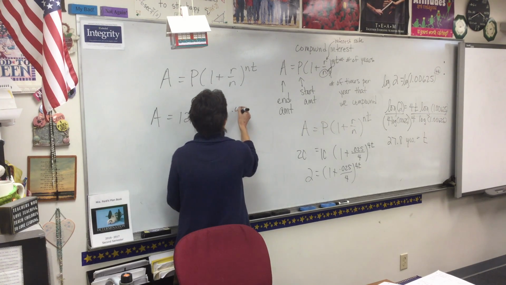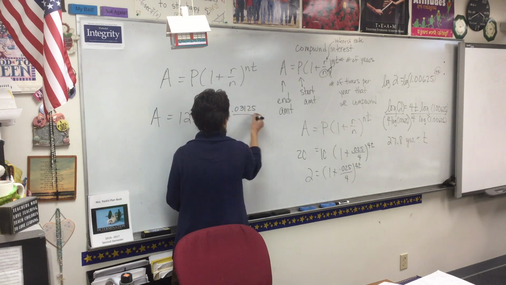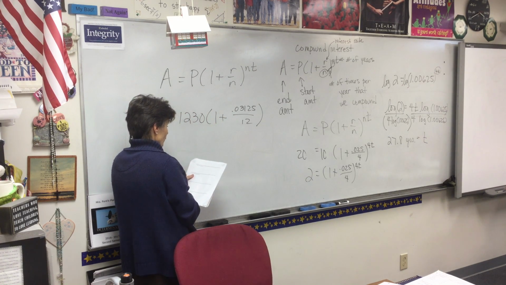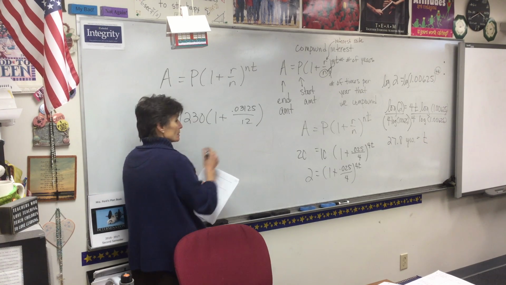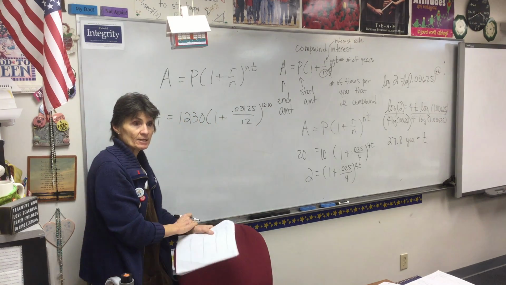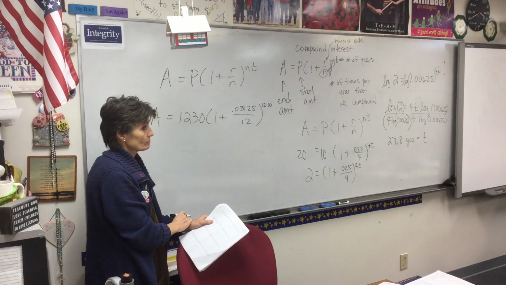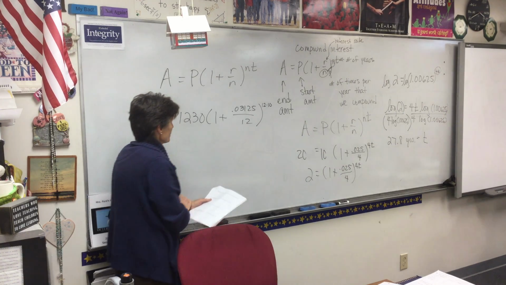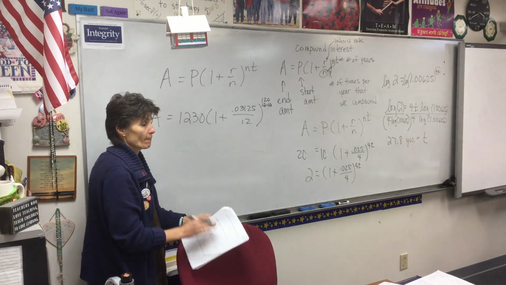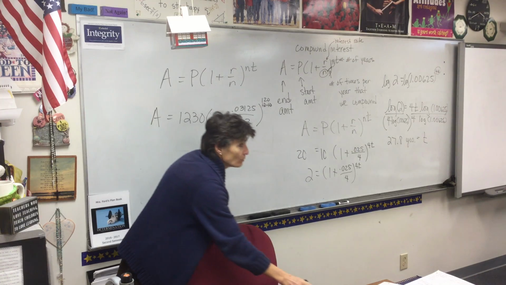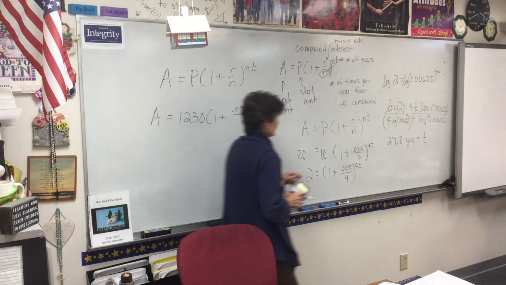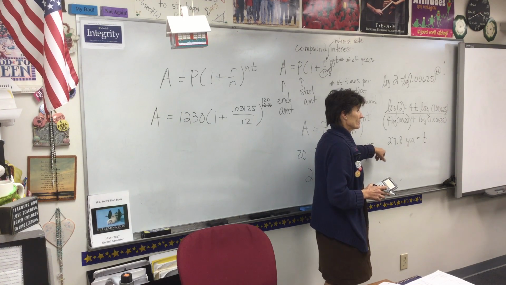The interest rate is 0.03125 over 12. And what's my exponent going to be? 12 times 10, because it says 10 years. So 12 times 10 is 120. You don't need logarithms for this problem, guys. The only time we need logarithms is when our variable is up here.